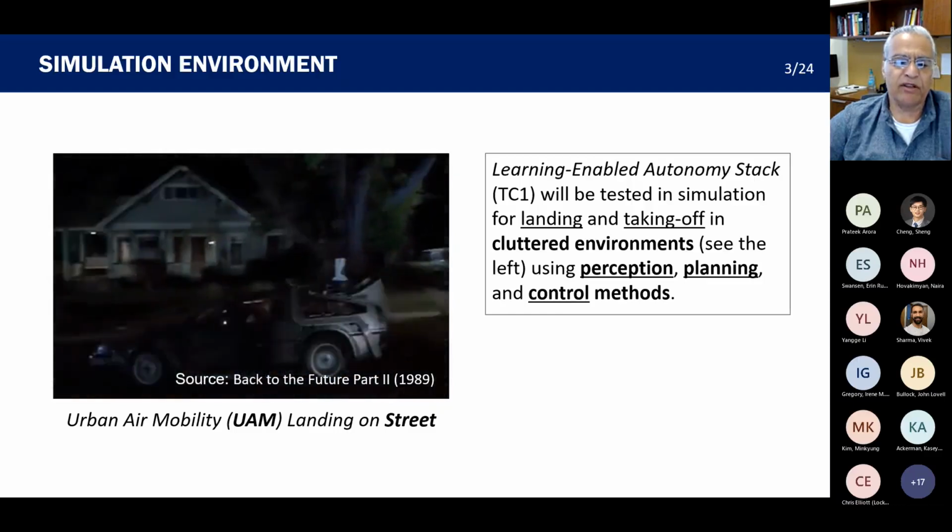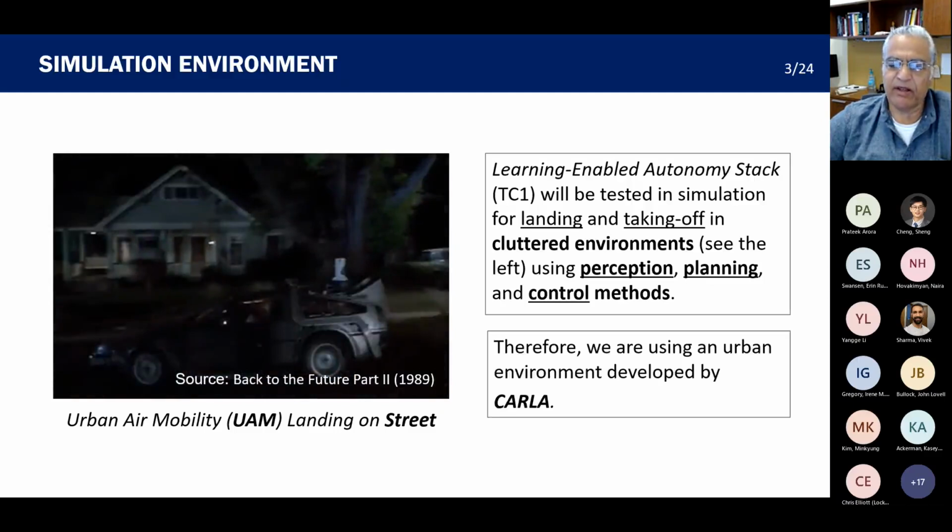There are some projects available now that we can take advantage of and use their simulation environment. For example, Carla is one that we have started to use in trying to get a cluttered urban environment.